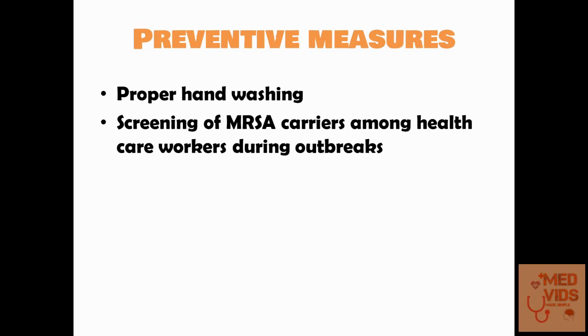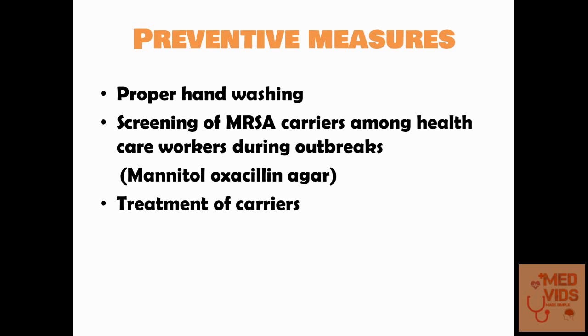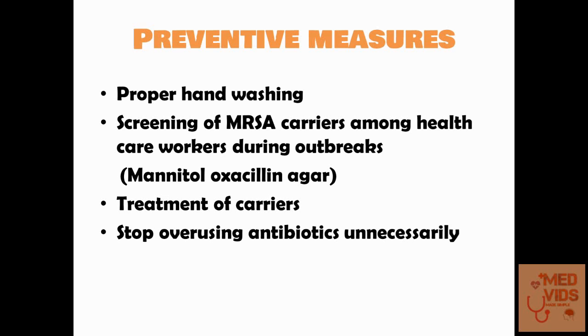There should be screening of the healthcare workers for the carrier state of methicillin-resistant Staphylococcus aureus, especially during outbreaks of infections in hospitals, and the most common preferred test method for this purpose is using mannitol oxacillin agar. Treatment of carriers should be done to prevent the spread of infection to further patients, and the doctor should stop overusing the antibiotics unnecessarily.